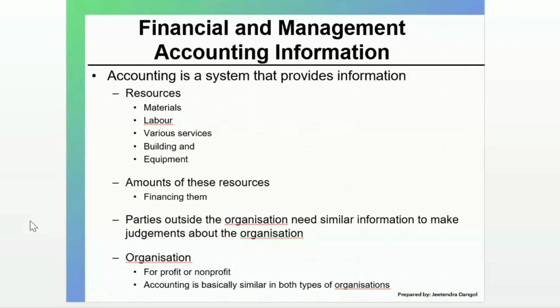So financing is also a resource. Sometimes we obtain it from financial institutions, sometimes from our investors, sometimes we obtain our financing resources from our own capital as well. That's why the information relating to the financing resources is also very important. It's very important information to disseminate in our business.